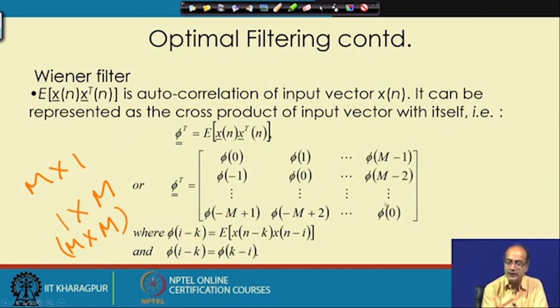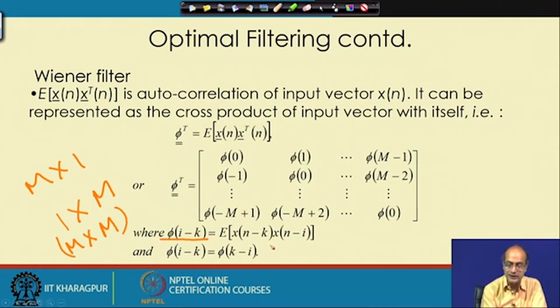The constituents are marked from phi 0 to phi m minus 1, starting from phi minus m plus 1. For each of these terms, phi i minus k, the expression is the expected value of x n minus k into x n minus i. Again, let me remind you that we can put it in this simple form because of the assumption of stationarity.